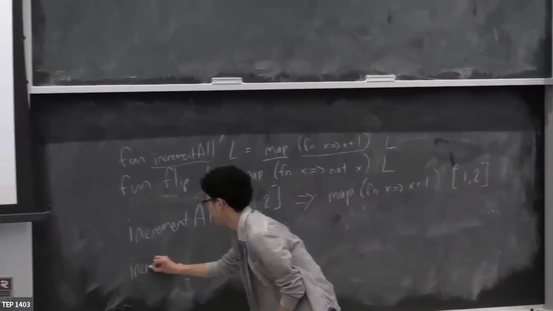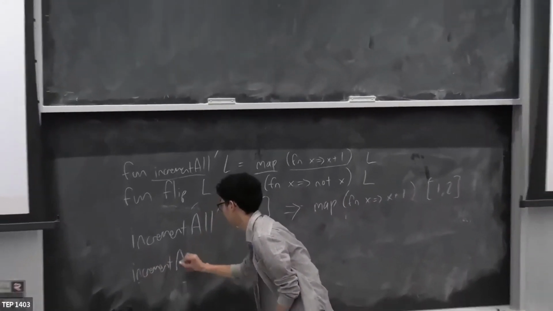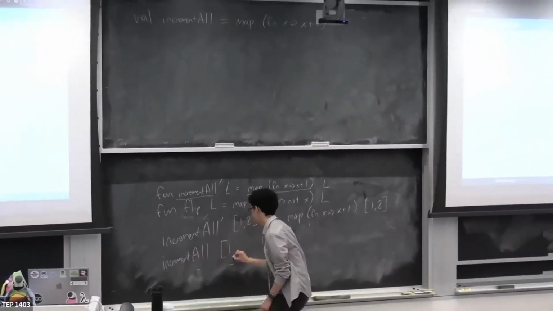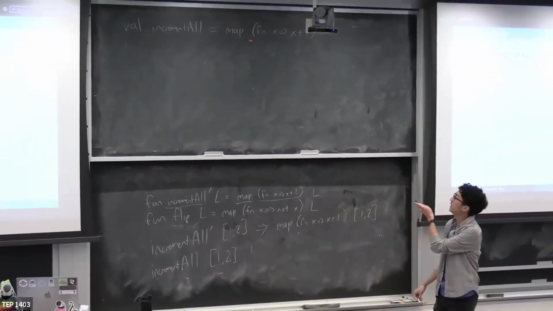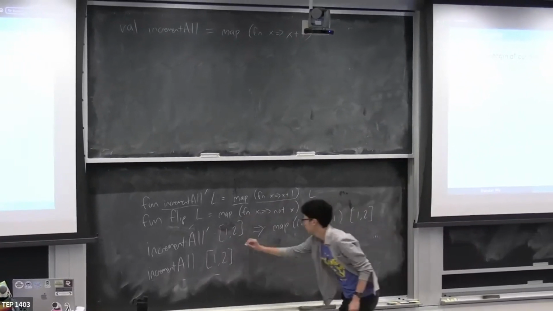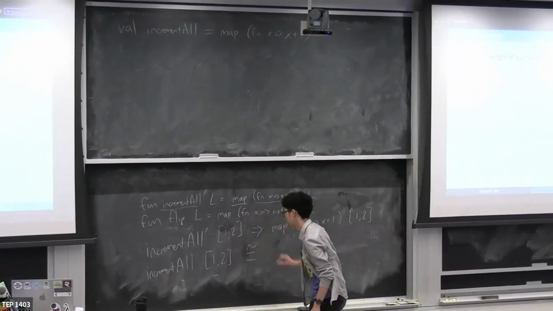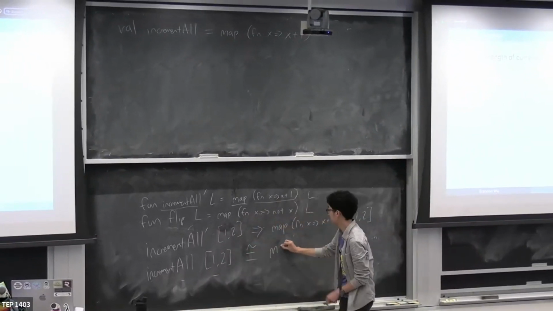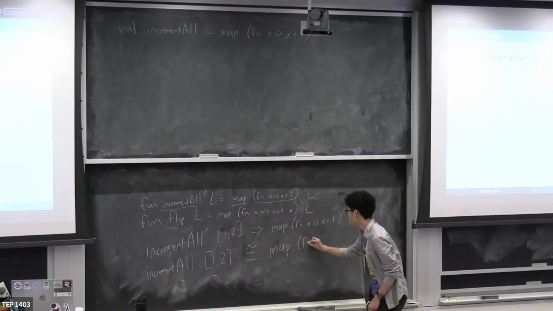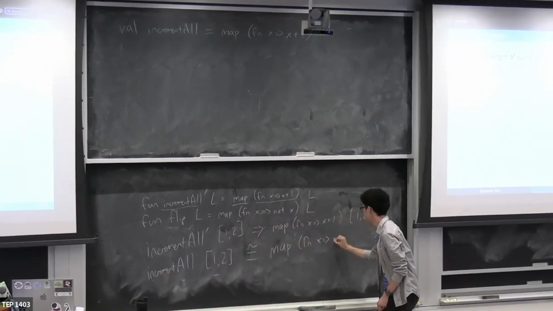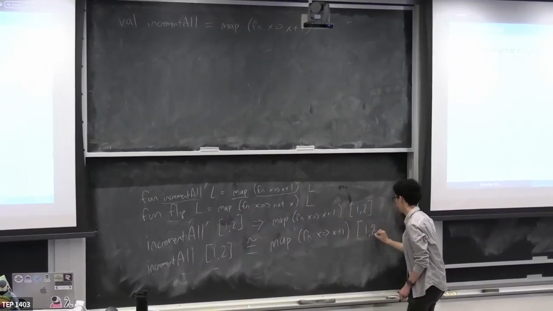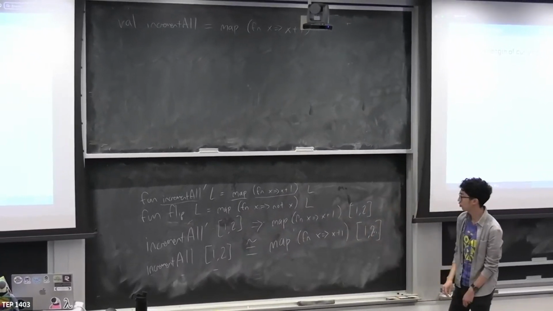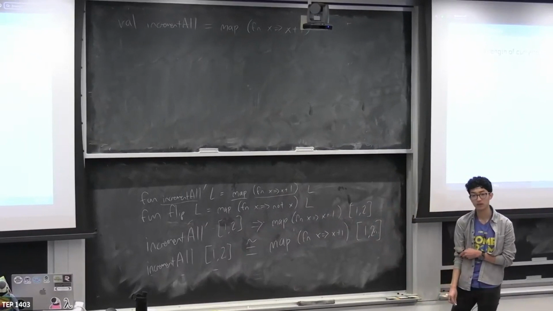If I did just increment all, like without the prime, and I place it next to 1, 2, what would I have? Well, let's unpack the definition of increment all. It's equal to this thing, right? So this is extensionally equivalent to whatever that is, which is map fn x goes to x plus 1 next to 1, 2. And by Jove, aren't these the same thing?